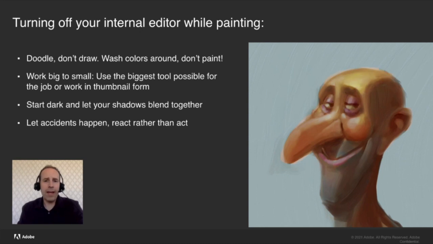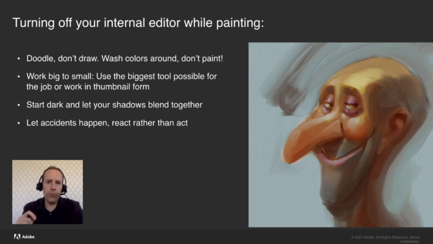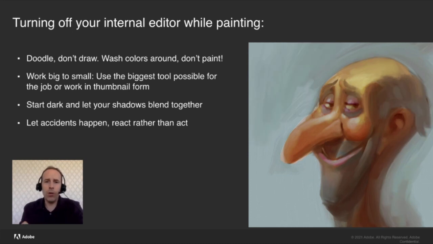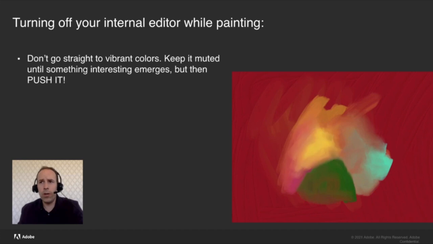Next, let accidents happen. Try to stop acting. Don't just make your focus be on making decisions, but react as you push paint in there and see what comes out of it. Don't go straight to vibrant colors. This is one of the things that hurts people the most when I've suggested that they try this method, is that they just start pulling in really strong color.